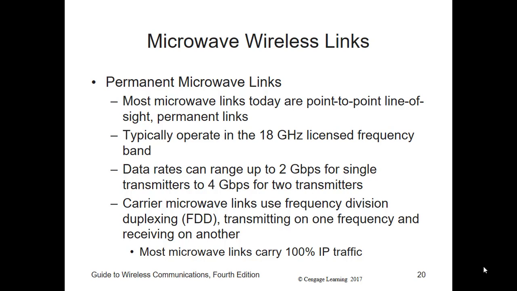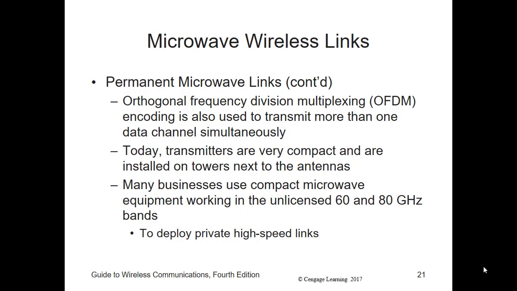In the past, microwave transmitters were large and needed to be installed on the ground at the base of communication towers, with what we call waveguides, hollow metal tubes that carry the transmitter signal from the ground to the antennas installed high up in the tower, with each copper antenna cable or waveguide.